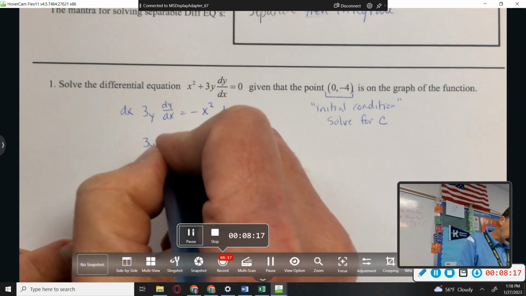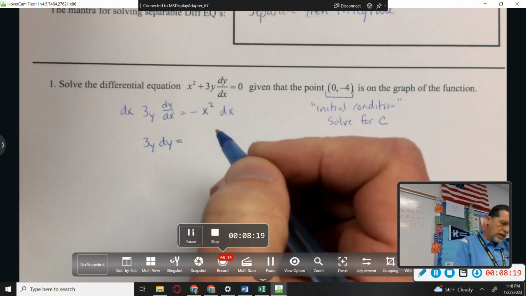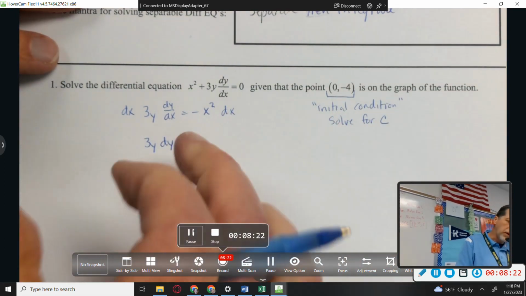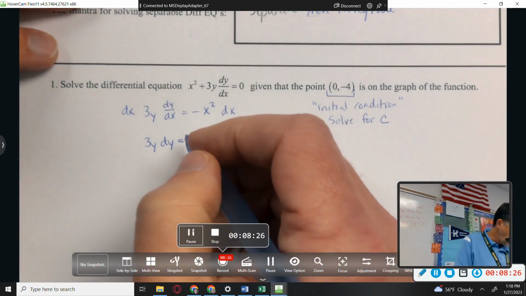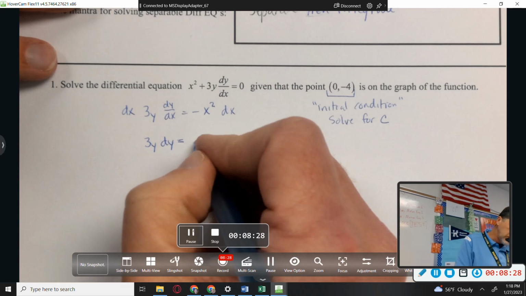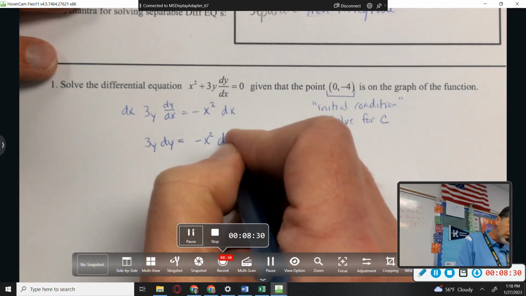So 3y dy equals -x squared dx. By the way, you probably want to write kind of small, because we're going to do 2 columns here to get all this in.